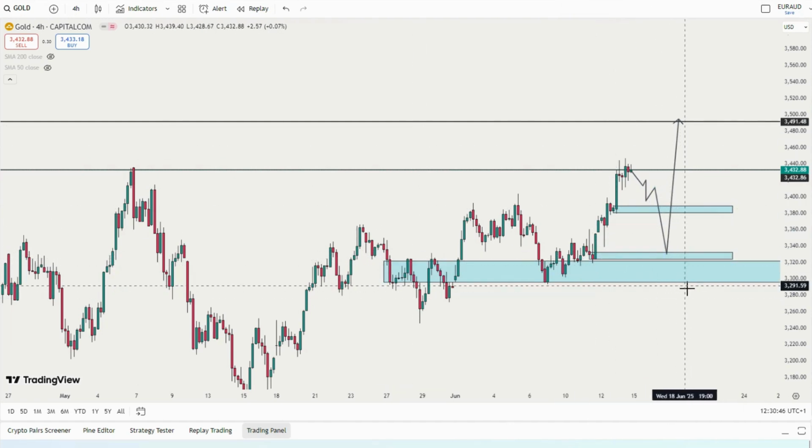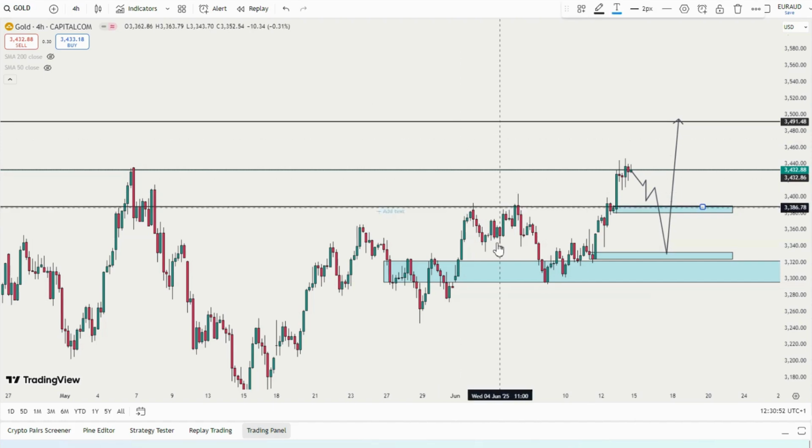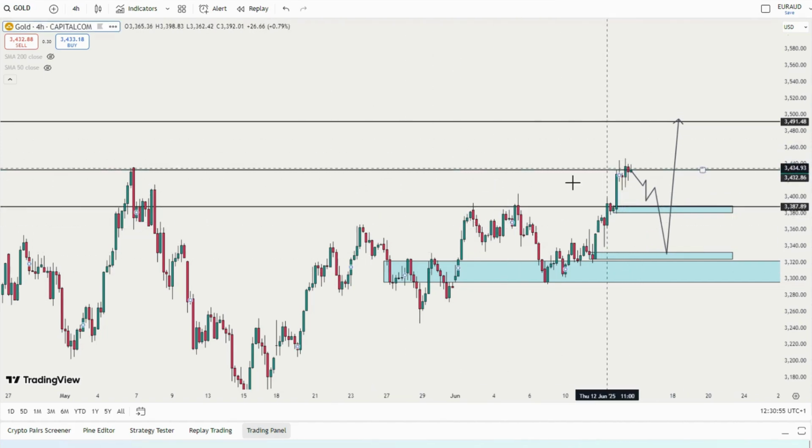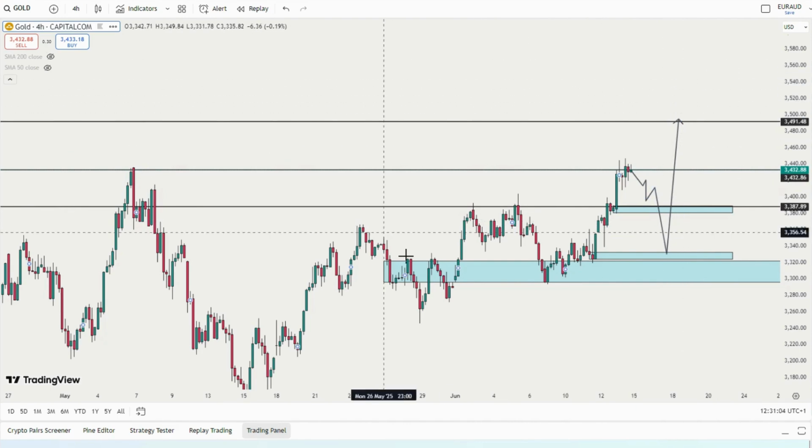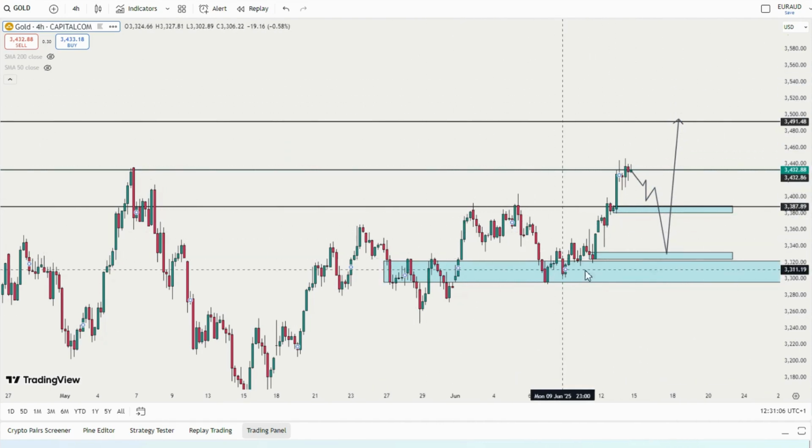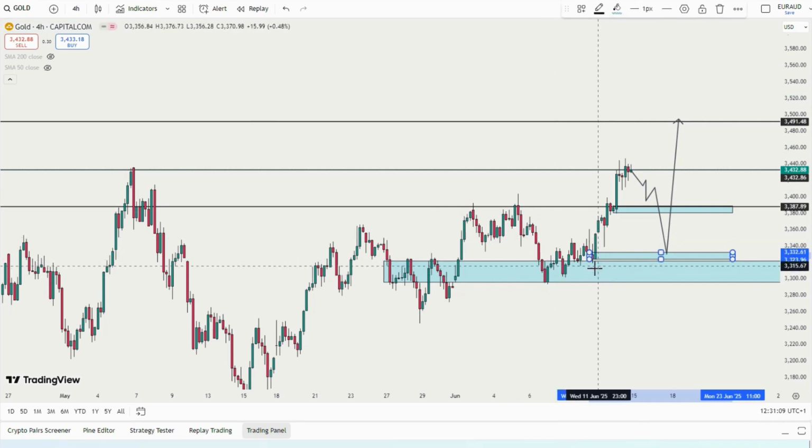It's a very good level to buy from if price didn't respect this, because if you put the line, you see that there is a particular resistance that price broke which might retest, and then prior to this demand level might use that support. And if this did not work, then you should be expecting this to work.